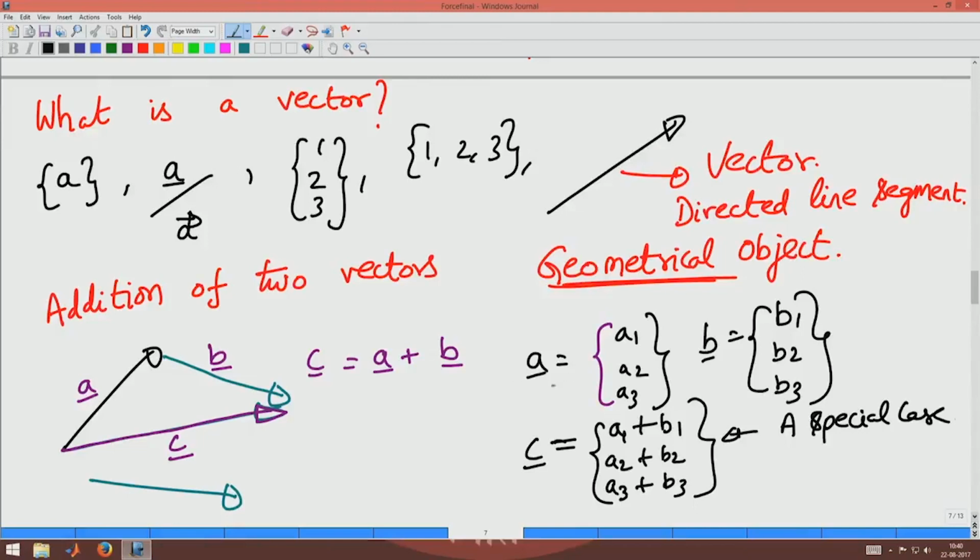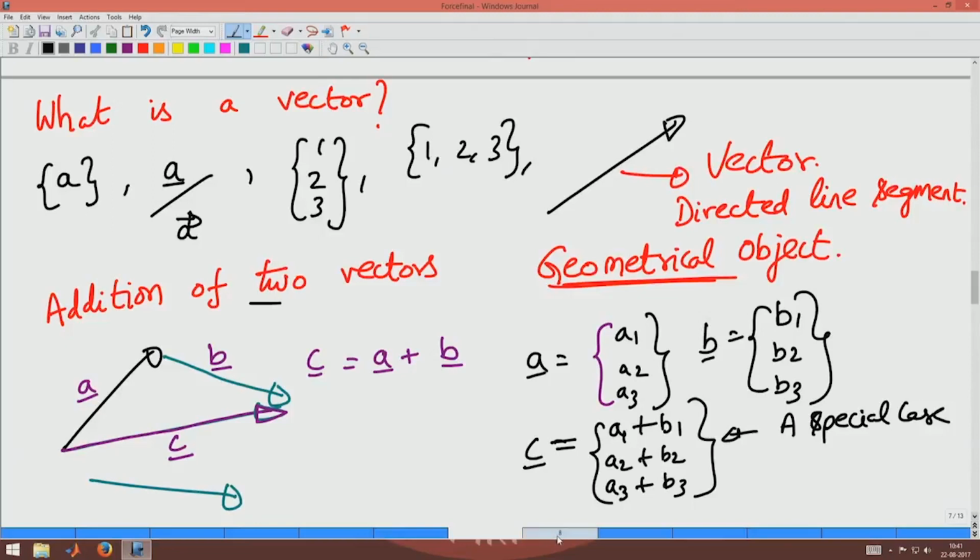We will see when we can write A as A1, A2, A3, B as B1, B2, B3, but what we mean by addition is the diagonal formed by the parallelogram with A and B as the sides of the parallelogram is what we mean by addition of 2 vectors. There are cases where you can write the components of vector A and B as this and the components of vector C will become this under some special circumstances. What they are and when it becomes like this, we will see subsequently, okay.